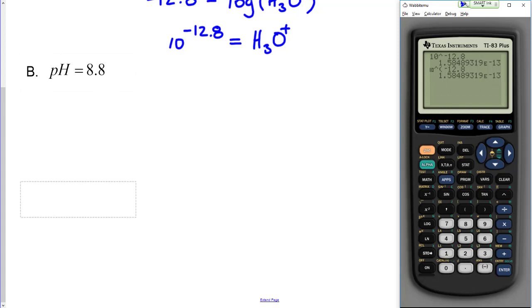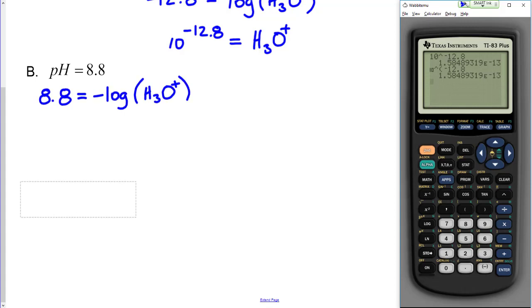Okay, so if I have a pH level of 8.8, one thing that we're going to find in solving these is basically if I take 10 raised to the negative pH level, that's going to give me my hydronium ion concentration. But you can just go through and solve them each time also. It doesn't make a difference. So set your pH equal to the negative log of the hydronium ion concentration.